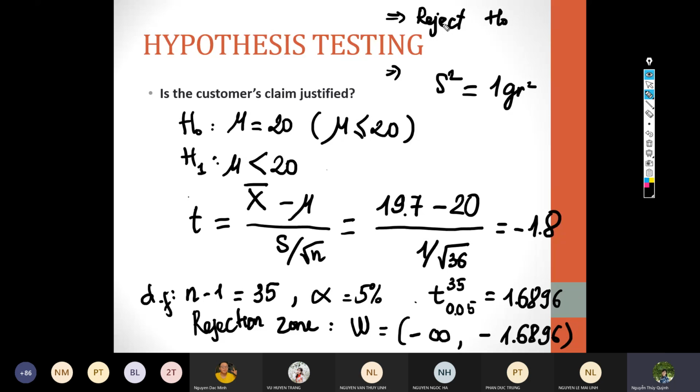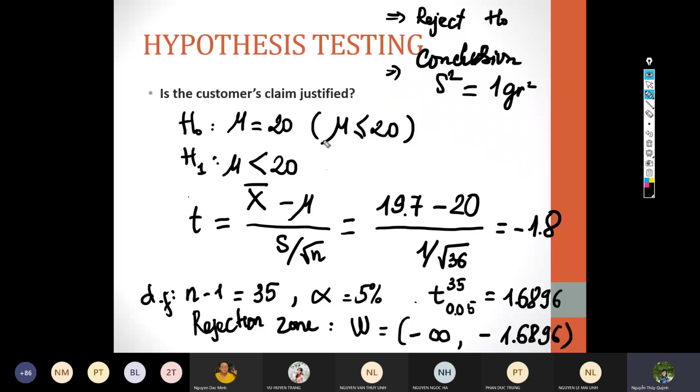All right, so draw the conclusion here. At 5% level of significance, the average weight of all tea bags manufactured by this company is less than 20 grams. That is hypothesis testing.